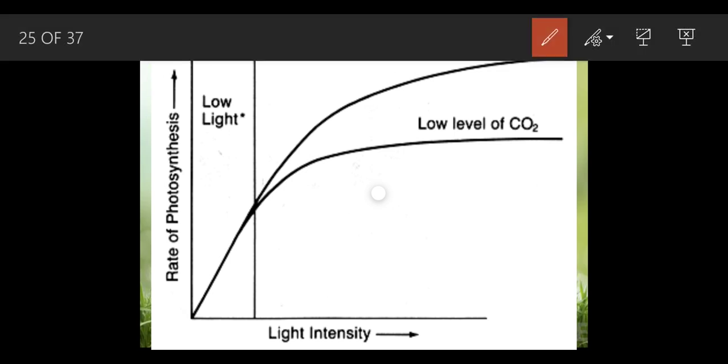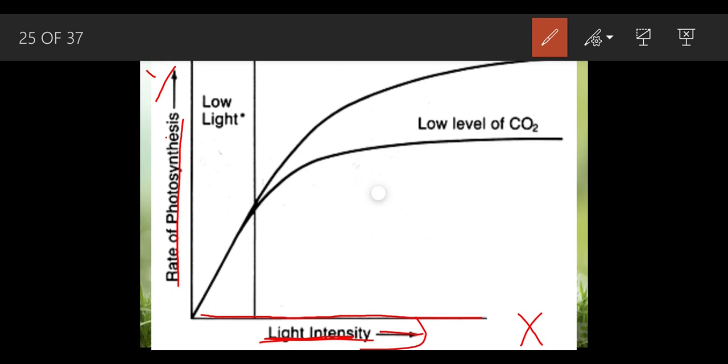See, this is the x-axis where we have written the light intensity. This is the y-axis where we have written the rate of photosynthesis. What does this show? When the light intensity is increasing, if this is moving in this direction, it means it is increasing.